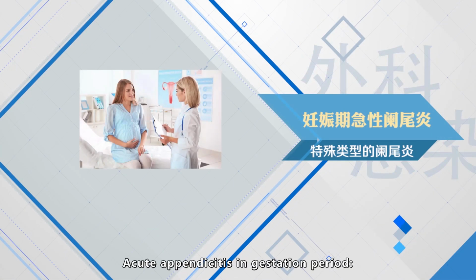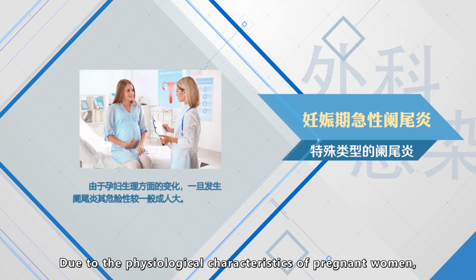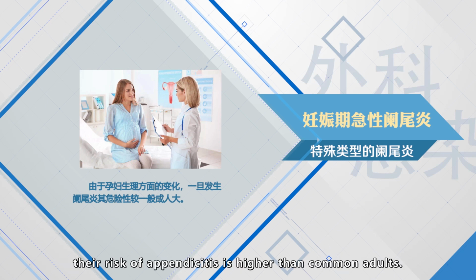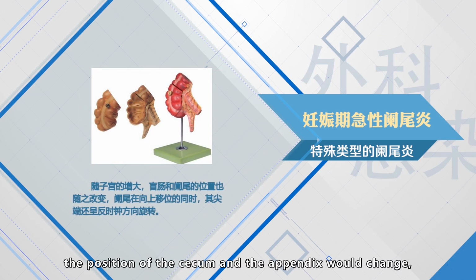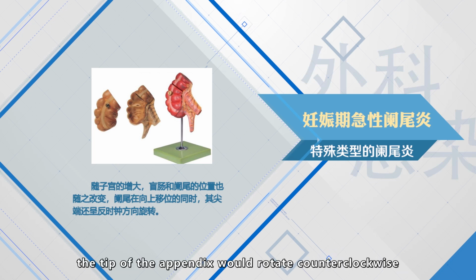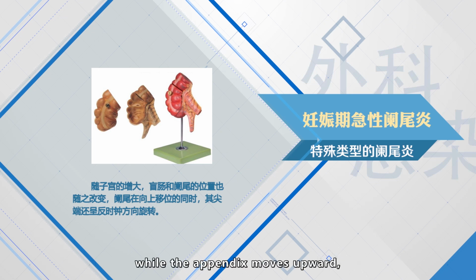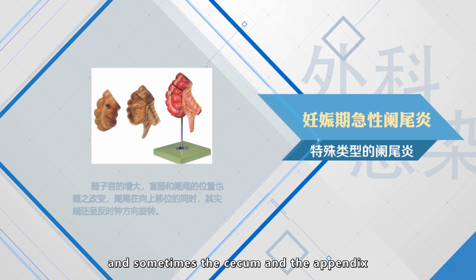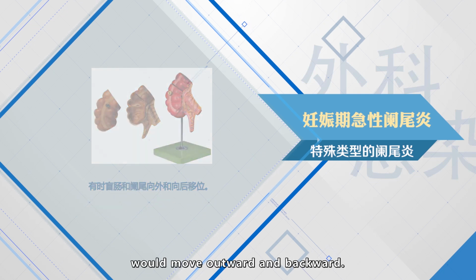Acute appendicitis in the gestation period. Due to the physiological characteristics of pregnant women, the risk of appendicitis is higher than in common adults. With the enlargement of the uterus, the position of the cecum and appendix would change. The tip of the appendix would rotate counterclockwise while the appendix moves upward, and sometimes the cecum and appendix would move outward and backward.